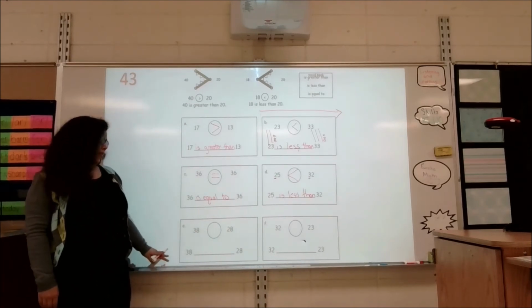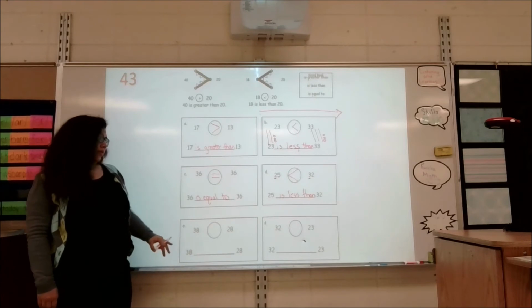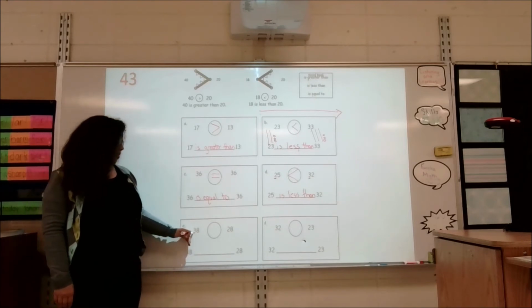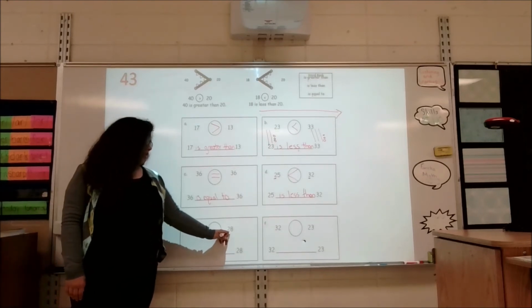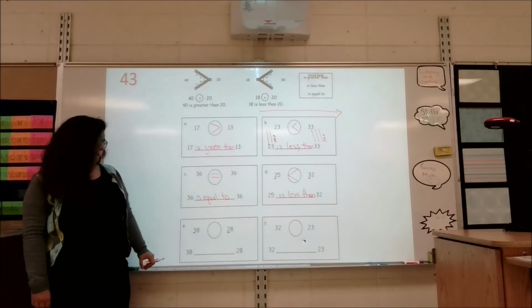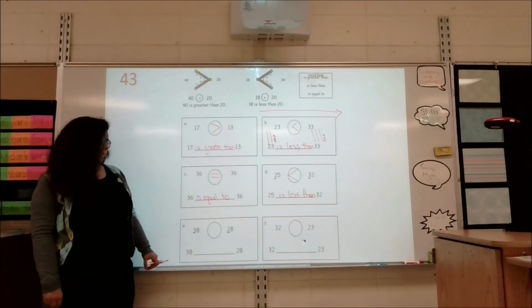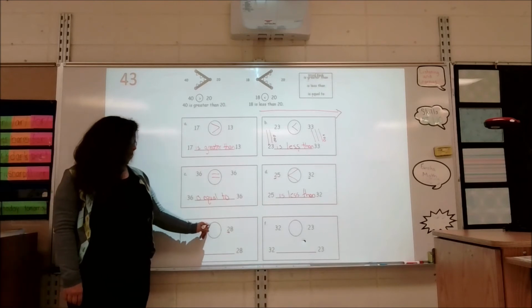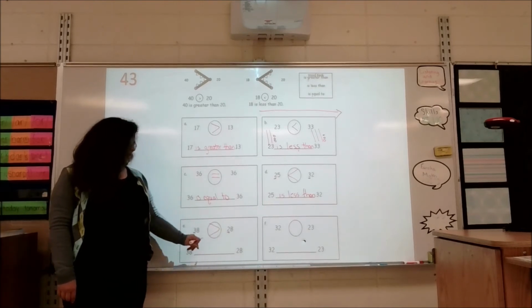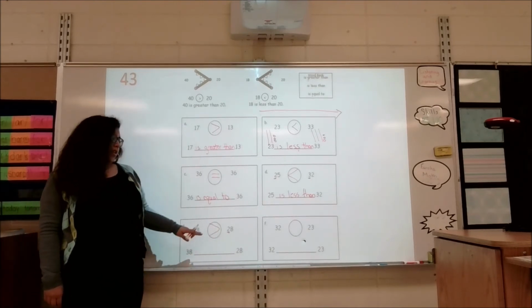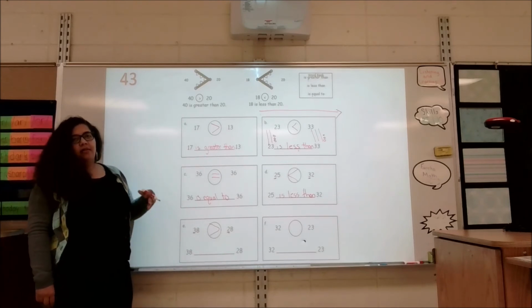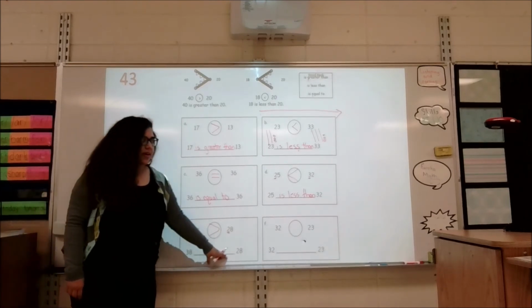What about this one? What's happening here? Remember, check the tens place. And then if need be, check the ones place. What's happening? Okay, thank you. Yes, we're going to eat 38. So translating from eat 38, what does that actually mean in terms of a number sentence?